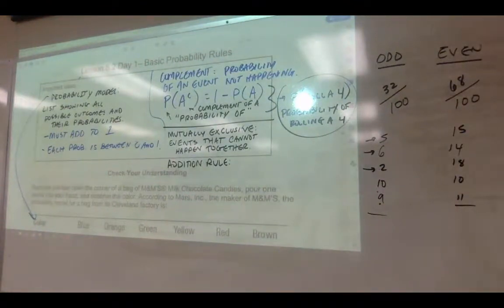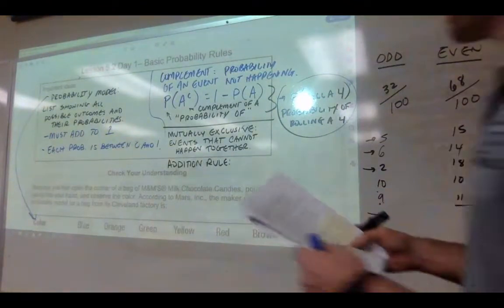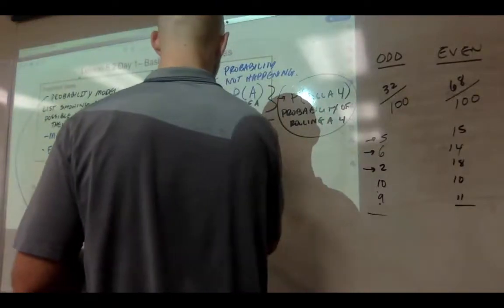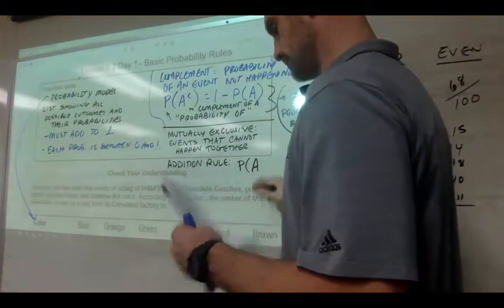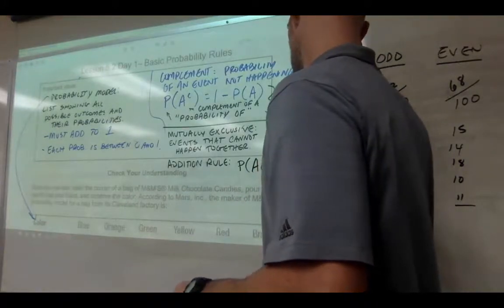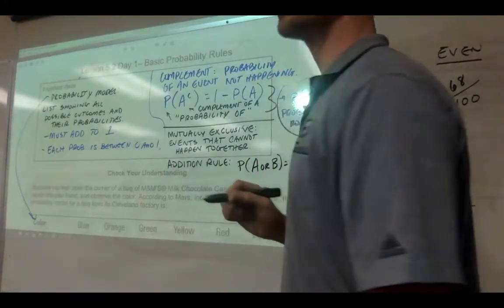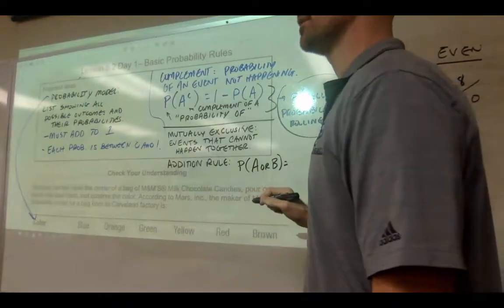And here's the general addition rule. Honestly, we already did this, but it's the notation. The probability of A or B is written like this. You ready? About to go all symbols on you.